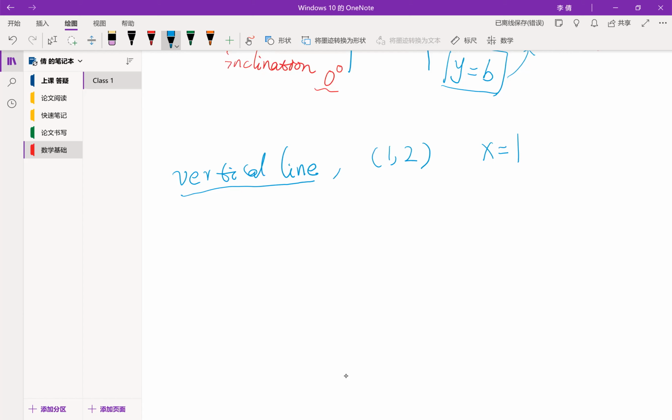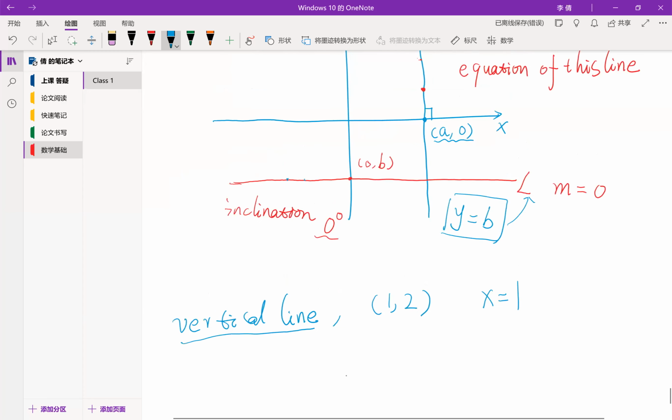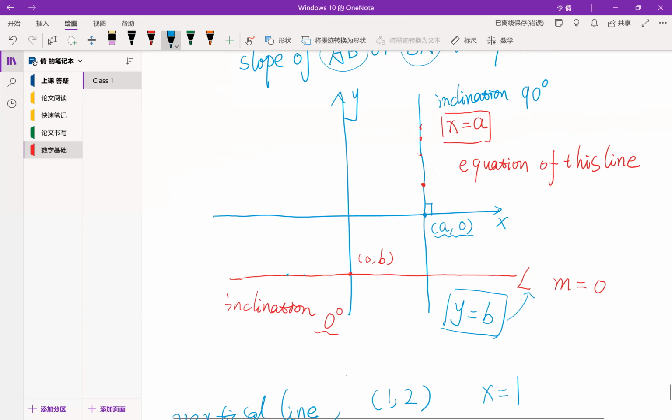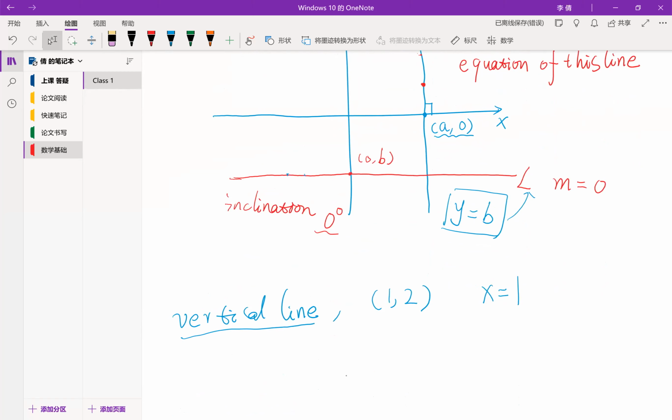Can you understand? The equation of a vertical line must be x equal to a number, right? All the x coordinates on the vertical line are equal, so the x coordinate must be equal to 1, right?